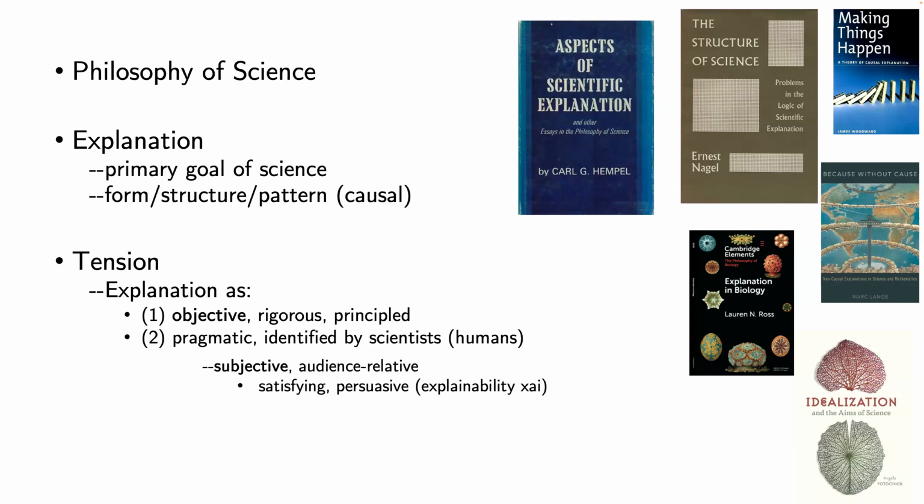A similar kind of sentiment that you find in philosophical work is discussions of explanations as mere verbal descriptions. This is a story that a scientist is providing to an audience, and as you can see here, whether the explanation is legitimate or genuine or good or not has to do with these audience relative features.